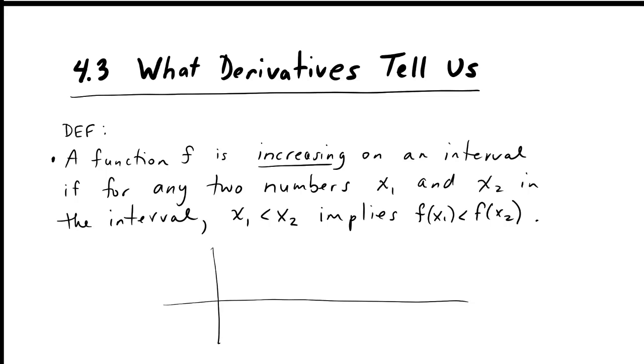This is a lot simpler than it sounds. It's just saying that if you take x1 less than x2, and we have an increasing function, going up to the right, then the value at x1 is less than the value at x2. Makes sense.